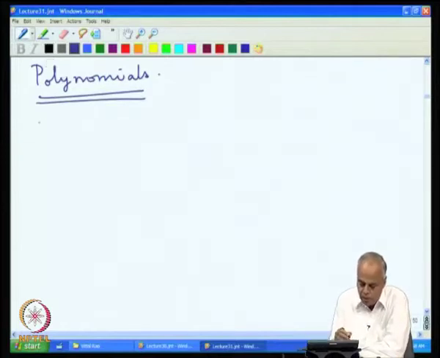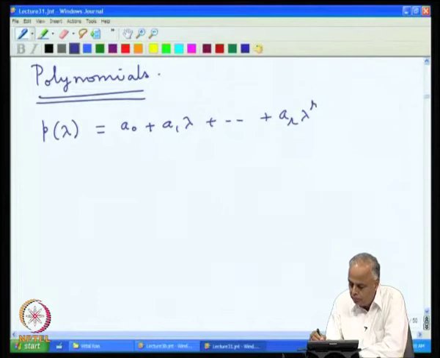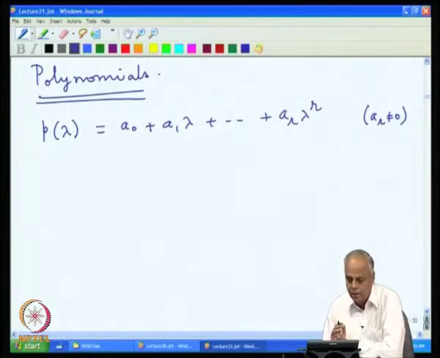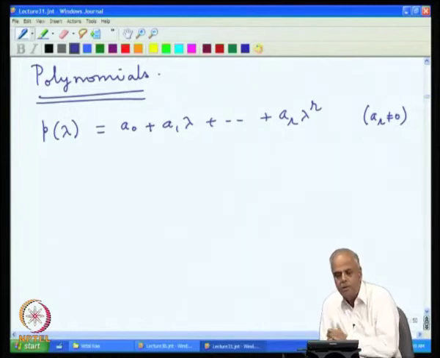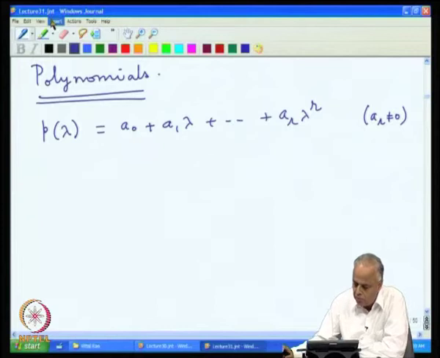So, we will now consider only polynomials over the complex numbers. We always look at a polynomial p lambda, which is of the form a naught plus a 1 lambda plus up to a r lambda to the power of r. We will assume a r is not equal to 0, so that the degree is r. If only the constant term is there and all other terms are missing, we will call it the constant polynomial.